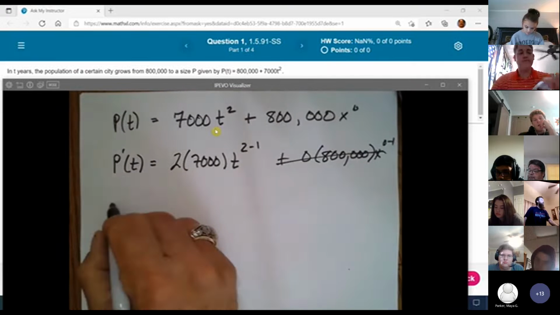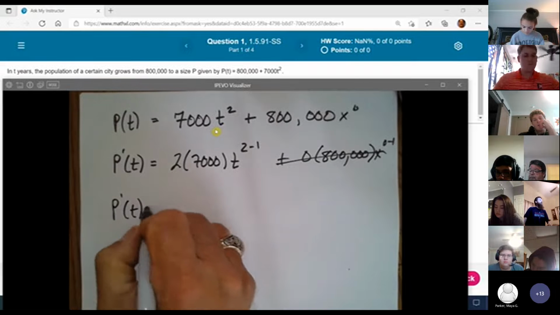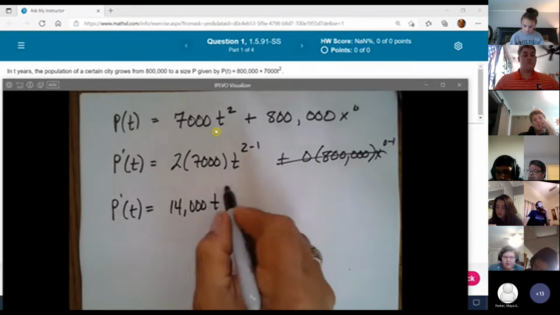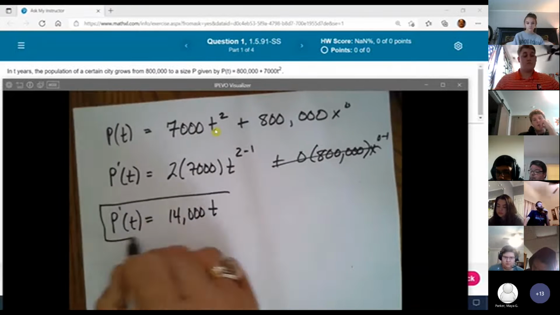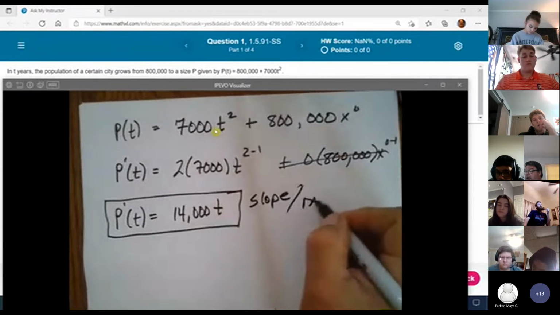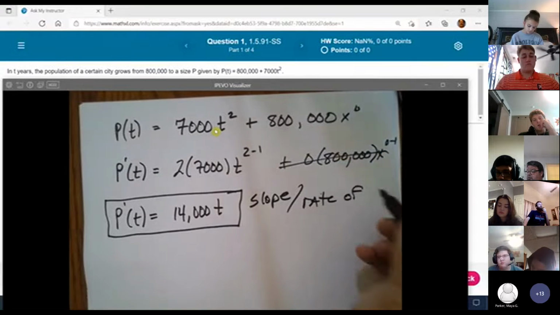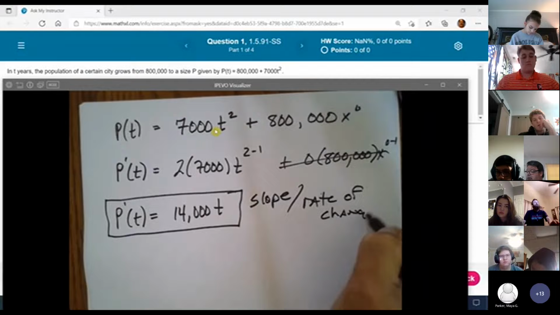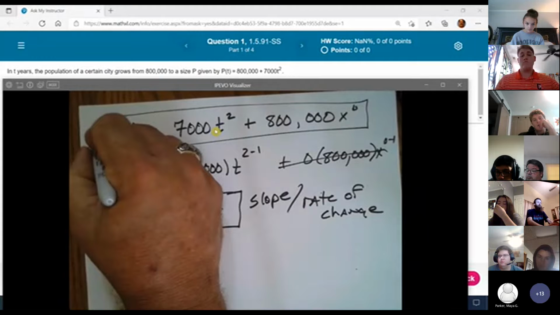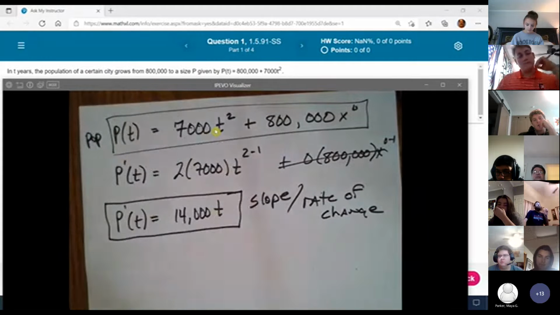So you're left with P prime of T equal to 14,000 T. So basically this is your slope, your rate of change. And this is your population. Because what they do is they ask you the next question and you think it's plugging into this when it's actually plugging back into this.